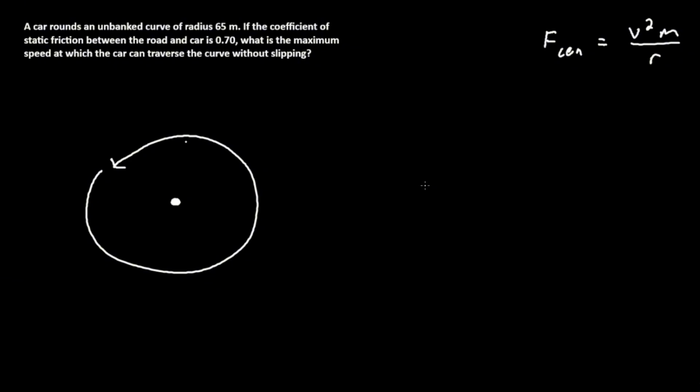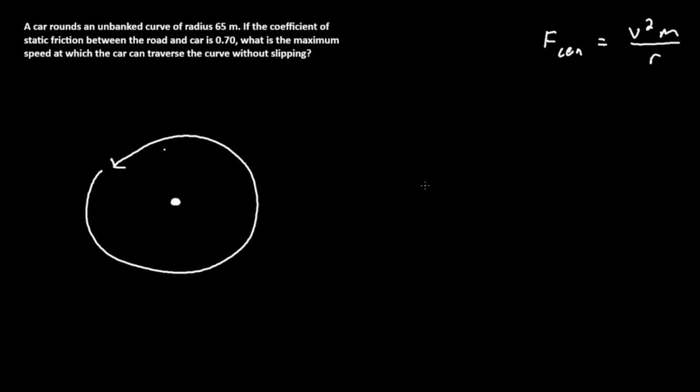So what's actually happening is when you're turning, your friction of the tires onto the road is actually pulling you into the center. It's not necessarily pulling you to the center. It's preventing you from flying outwards. So the friction when you're driving is your centripetal force.